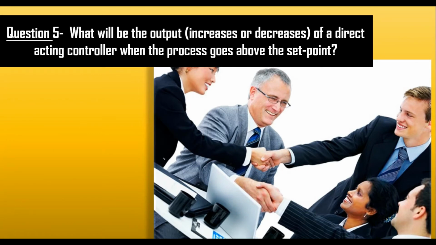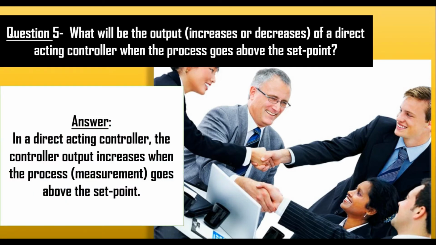Will the output increase or decrease for a direct acting controller when the process goes above the set point? Suppose the process variable goes above the set point, then what about the output of a direct acting controller? It will increase or decrease. In a direct acting controller, the controller output increases when the process variable or measurement goes above the set point.